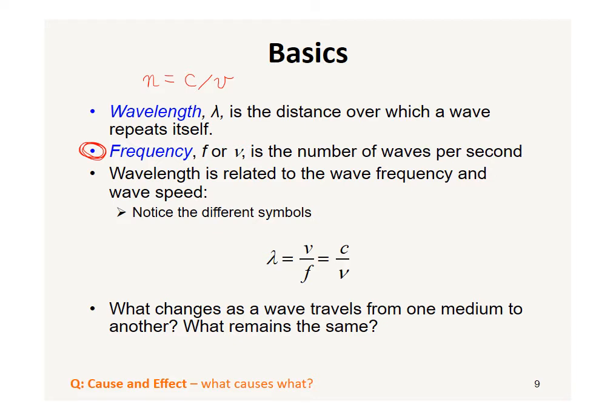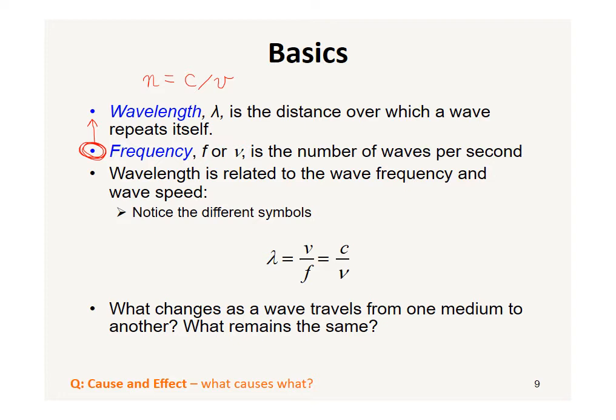So there's some kind of physical phenomenon where there's a vibration going on, and that occurs at a certain frequency. Then waves are emitted, and the wavelength of those waves is going to depend on the rate at which that oscillation was occurring and the speed at which the wave moves away.